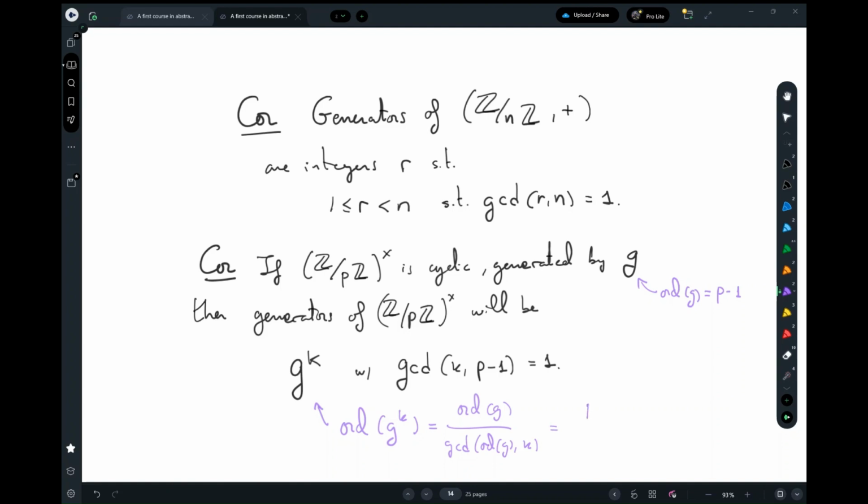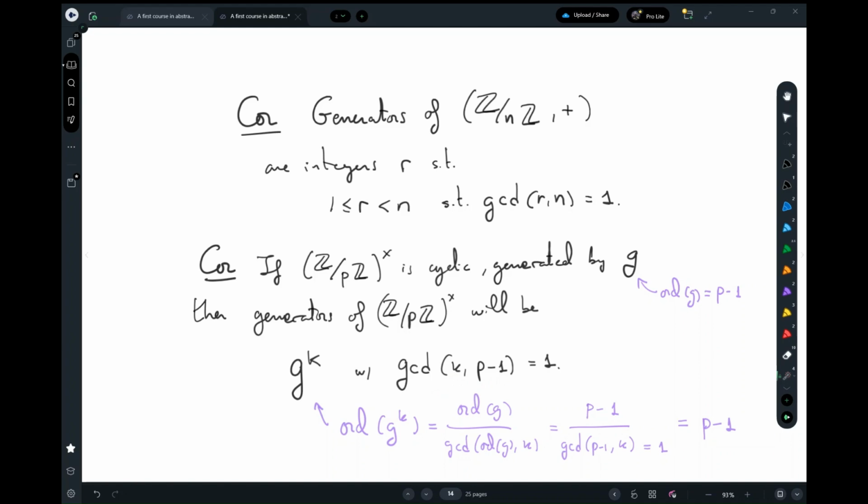The order of g is p minus 1, which is the order we want, and then we want the GCD of p minus 1 and k to be 1. So if this is 1, then the whole thing is p minus 1, and g to the k would also be a generator. So now we see that the generators have to be powers of the one generator, where the power is relatively prime to p minus 1.